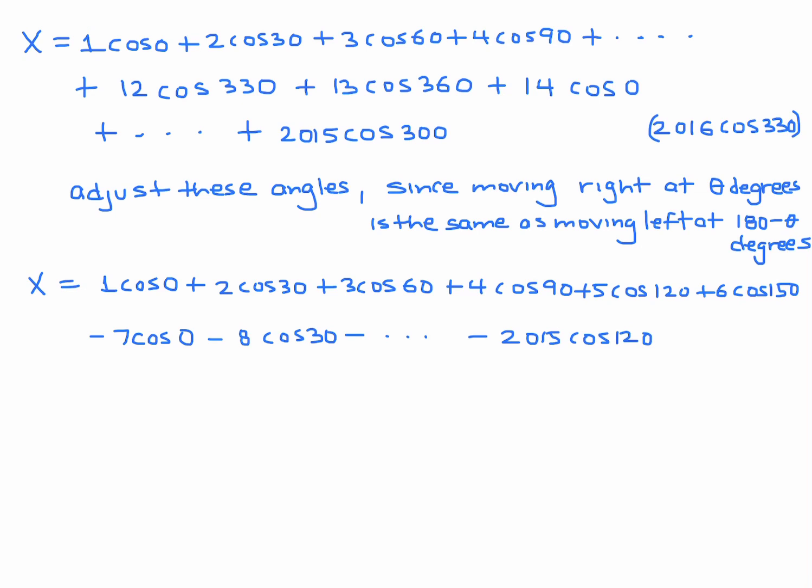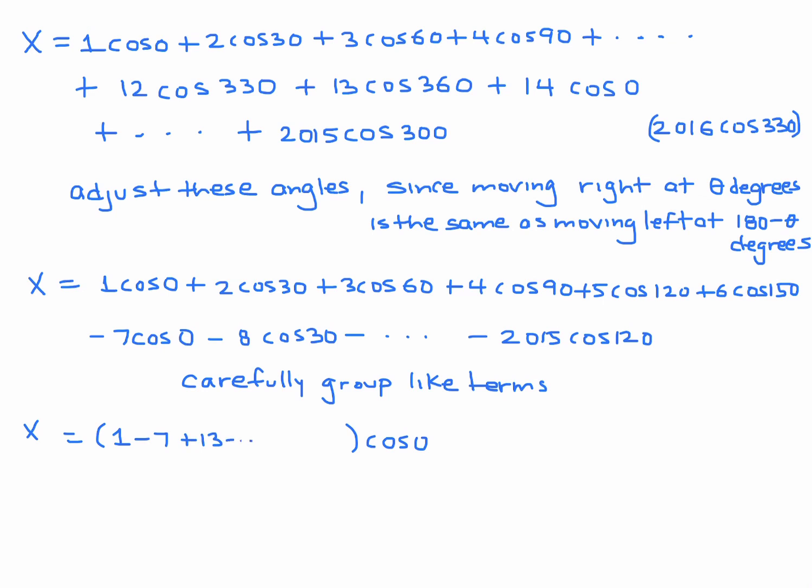Now at this point, we have to carefully group like terms. So in front of all of the cos zeros, we have to put the proper numbers. And that is going to be 1 minus 7, and then plus 13, dot, dot, dot. And then eventually you will get plus 2005 minus 2011.